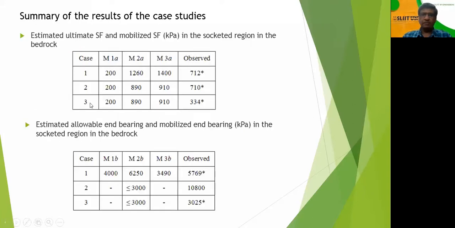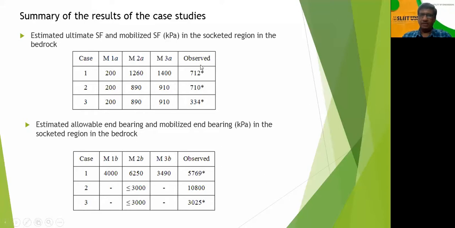So if you compare the estimated ultimate skin friction and the mobilized skin friction, using method 1A you always limit to 200, so it will predict 200 here. Method 2B is the Hong Kong guideline, and method 3A is basically using the Williams method.